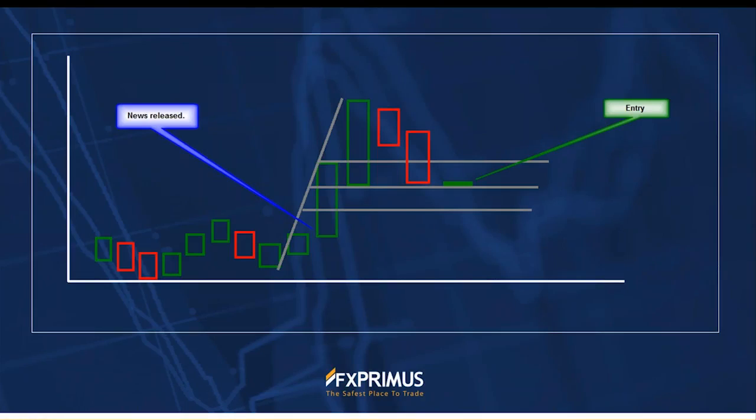A good example of this was on Thursday, where I showed how to do a news trade, because we had non-farm payrolls on Friday. I did this webinar on Thursday and explained to people how to trade that particular event.